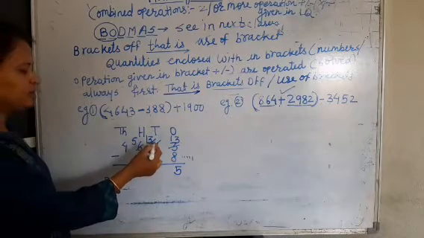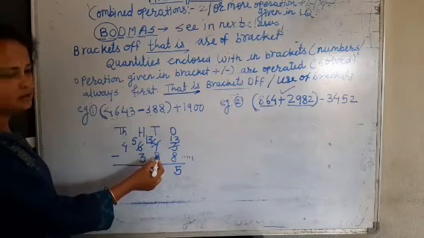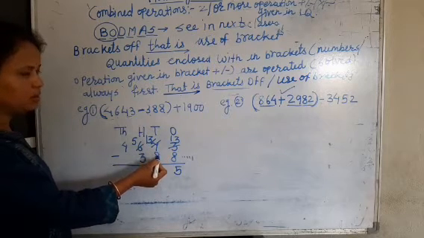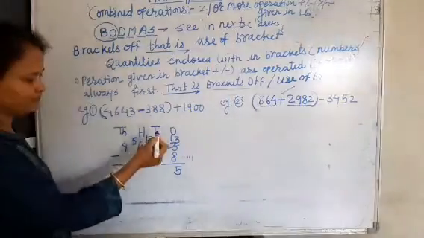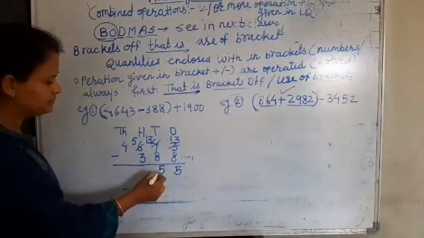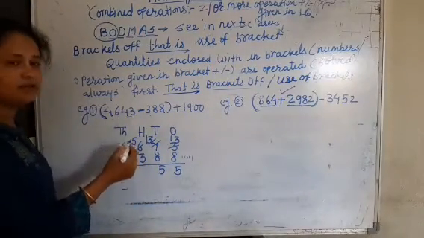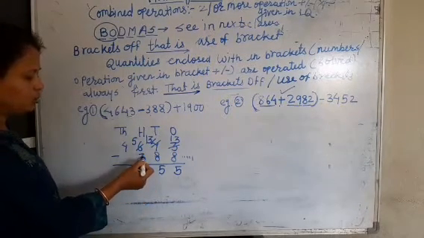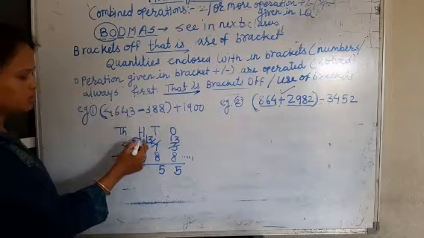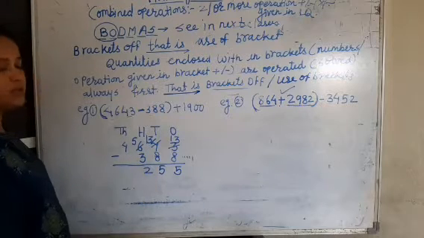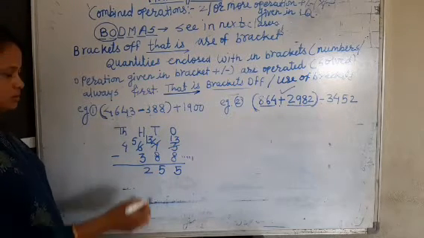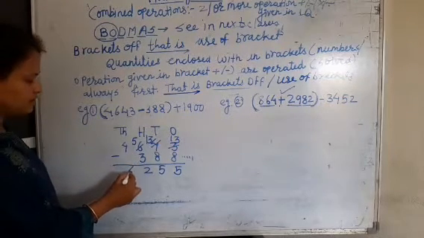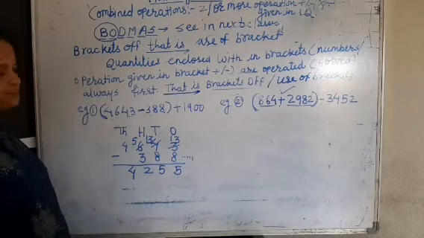Once again 13 minus 8: count after 8 till 13 and we get 5. Then 5 minus 3: count after 3 till 5 and we get 2. Nothing is there to subtract from 4, so 4 minus nothing means we write 4 only.